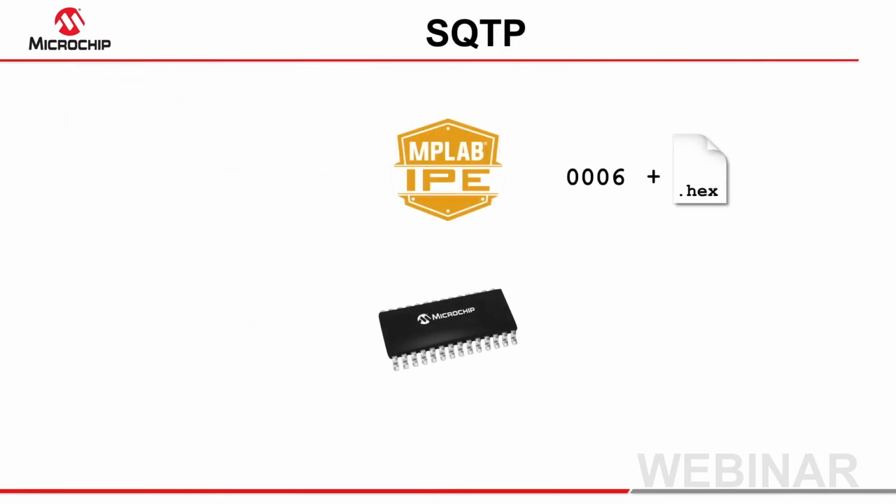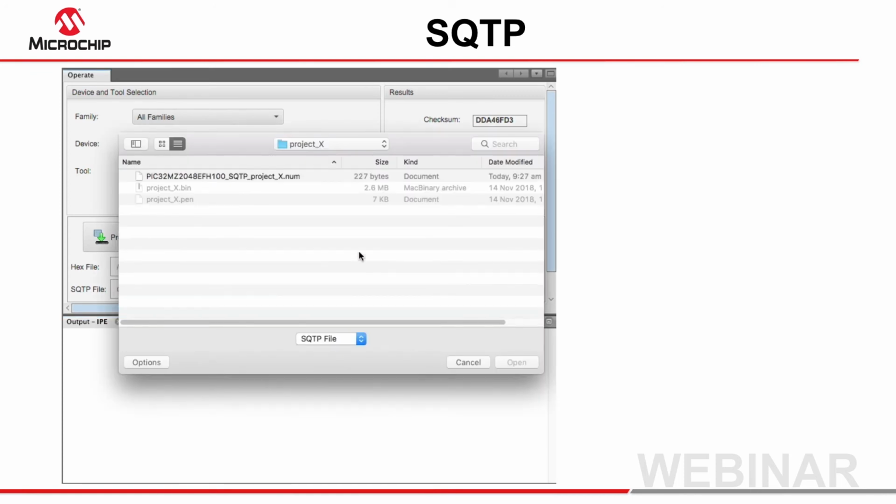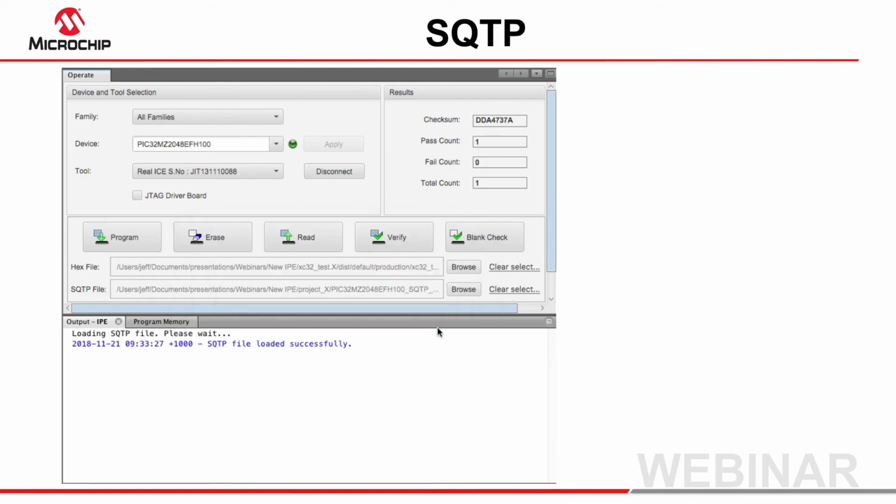Serialized Quick Turn Programming, or SQTP, allows one or more memory locations to be programmed with data unique to each device. The data is specified in a text file with a .NUM extension, which you can load using the Browse button next to the SQTP field, or by selecting the File, Import SQTP File menu item.